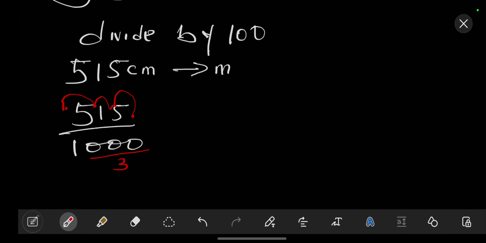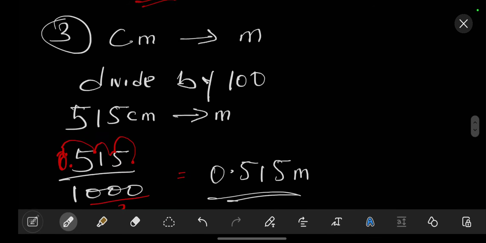Then a 0 will be created here, then a point will be there. So that is how we got 0 point. Let me use a white pen. Yes, that was how we got 0.515 meter. So that is it for that one.